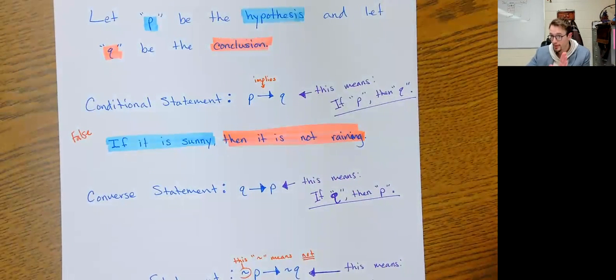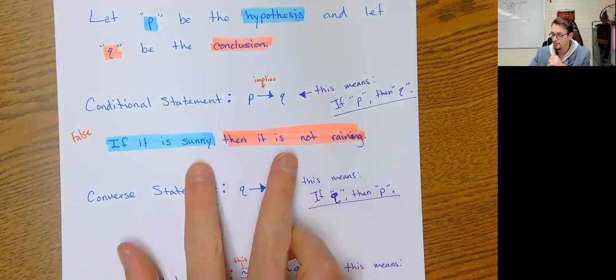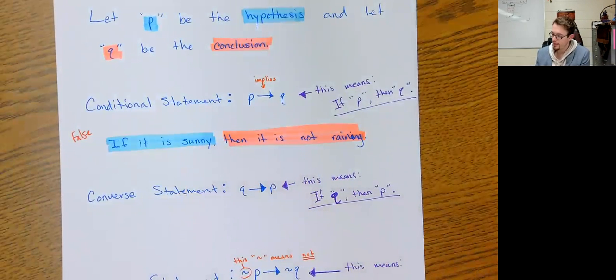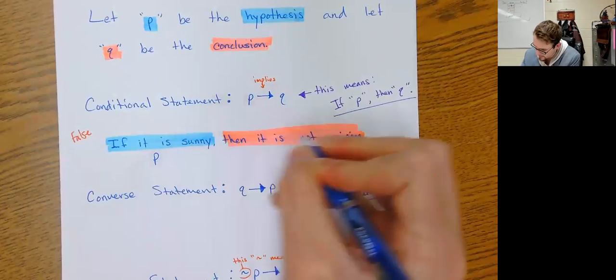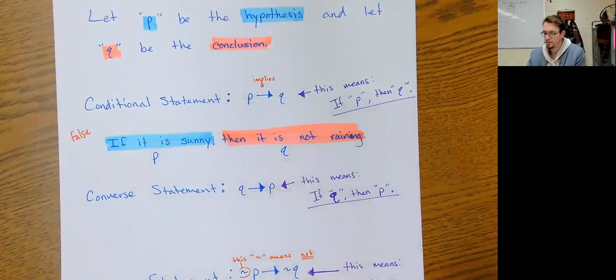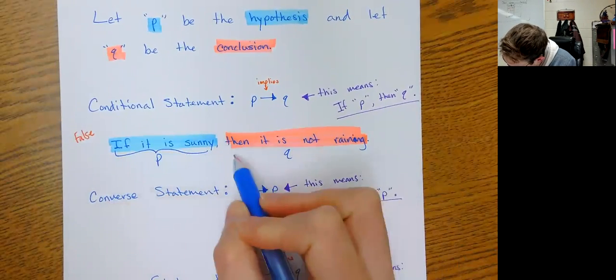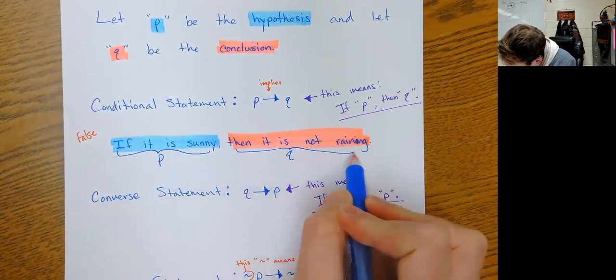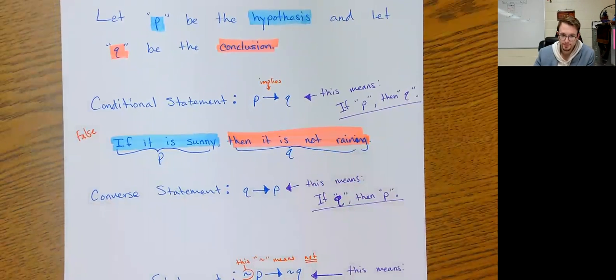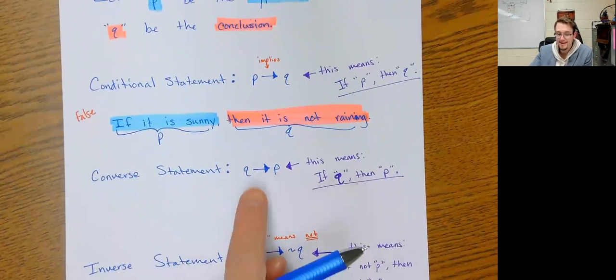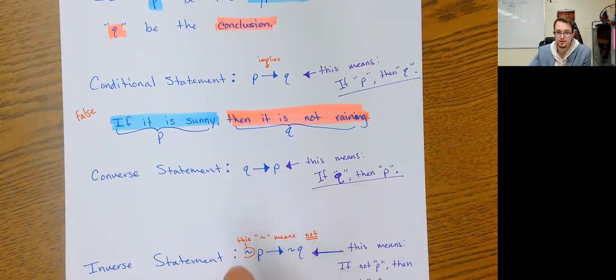So you're going to start with that initial conditional statement, which is really important. We need to identify this is P, this is Q. This whole thing here is P, and this whole thing here is Q. Now we're going to use that to form the next sentence.